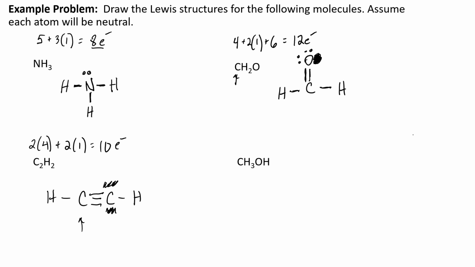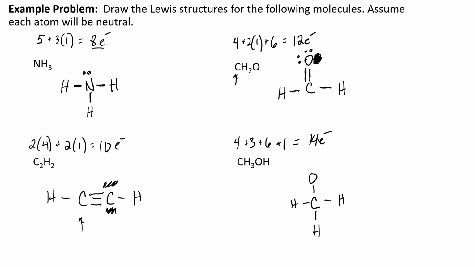Our final example here, let's add up our valence electrons. 4 plus 3 plus 6 plus 1 gives 14 electrons. Carbon is going to be your central atom. Now, if we attach everything to the outside of carbon here, we notice that we have an extra hydrogen.